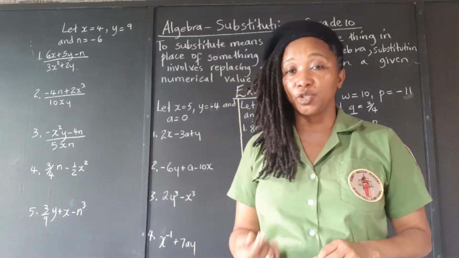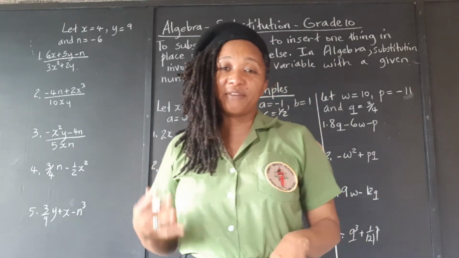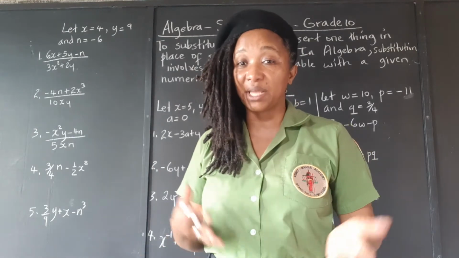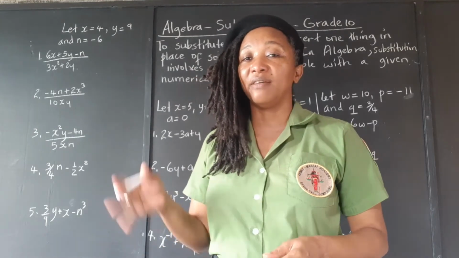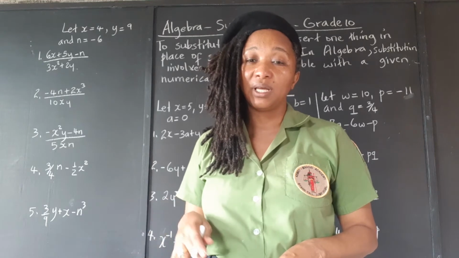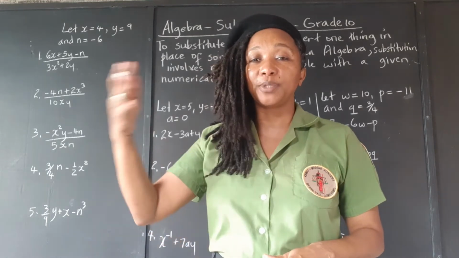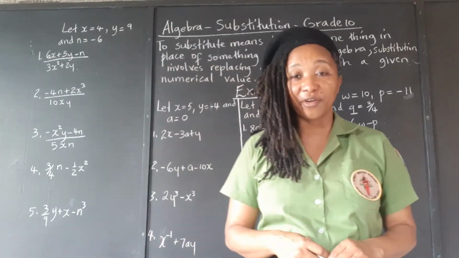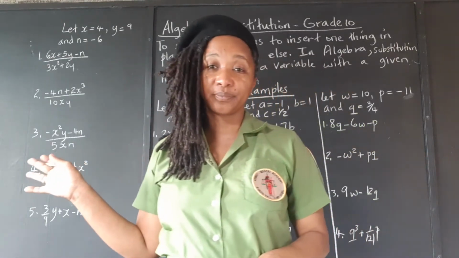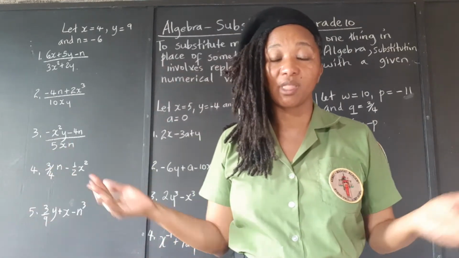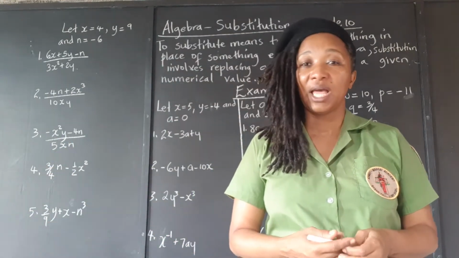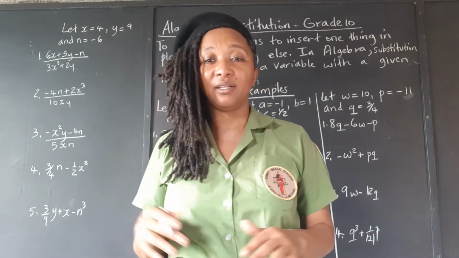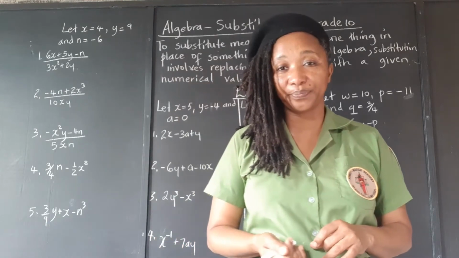And in algebra, it usually means you're given some variables, letters or symbols, and you are told the value of that variable or symbol, and you're asked to substitute, to put that numerical value in the place of the variable in the expression or in the equation, right? Usually in an expression.